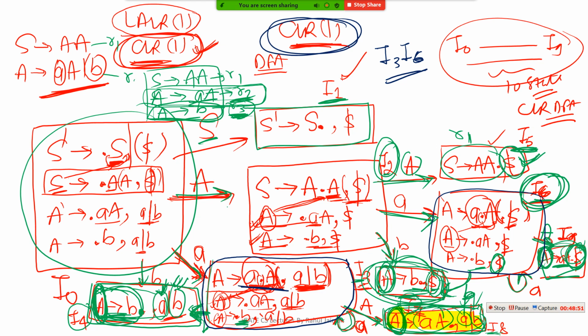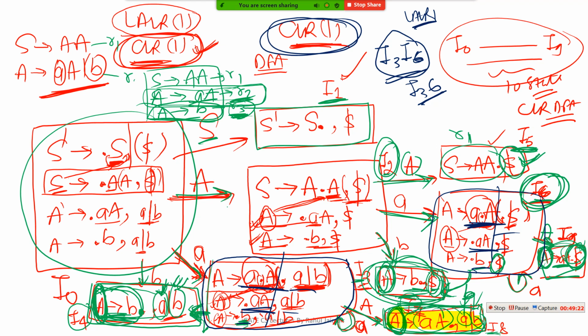That is A → a dot A, A → dot aA, A → dot b. All my LR0 items are the same, but only the lookaheads are different. So in the LALR1 parsing table, I will merge I3 and I6 as I36.